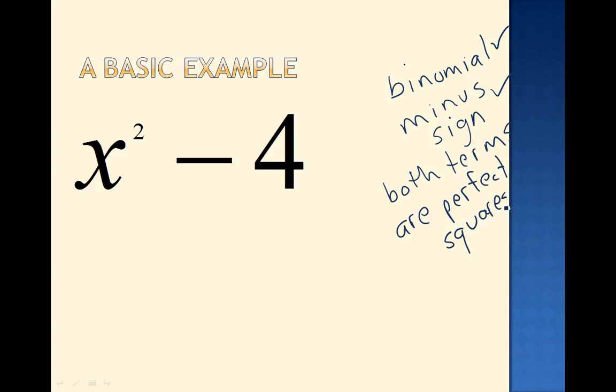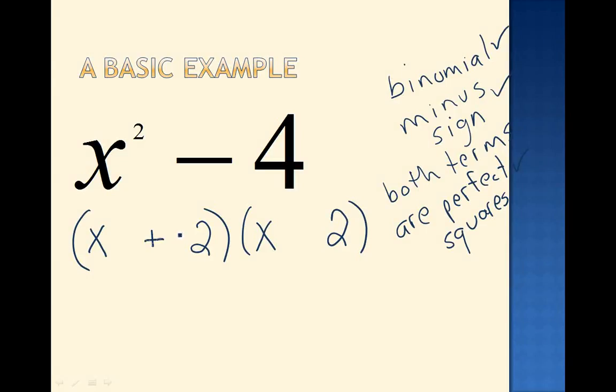So now to factor this, another check mark, we would have our two sets of parentheses. The square root of x squared is x. The square root of 4 is 2. One plus, one minus. Little reminder, no particular order in that. And this is our answer, this is our factoring.